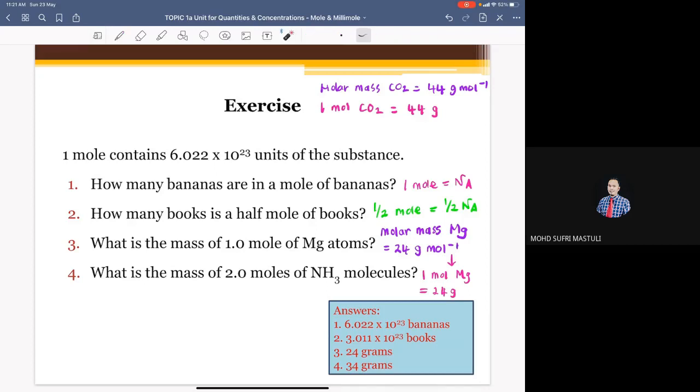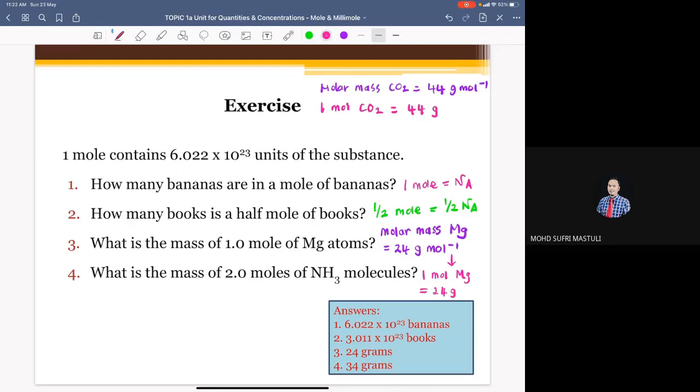All right. Last question. What is the mass of 2 moles of ammonia molecules? So you can calculate slowly.